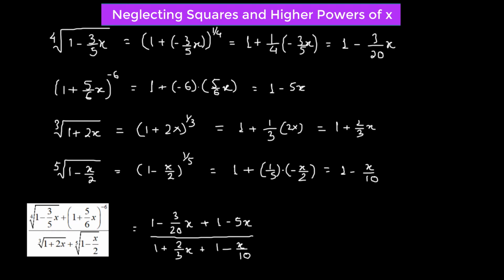Now we go ahead and add the like terms. We have 2, then we add 3 over 20 x to 5x, and that should give 103 over 20 times x, divided by 2, then we add 2/3 of x and subtract x over 10 from 2/3 of x, and that should give us positive 17 over 30 times x.